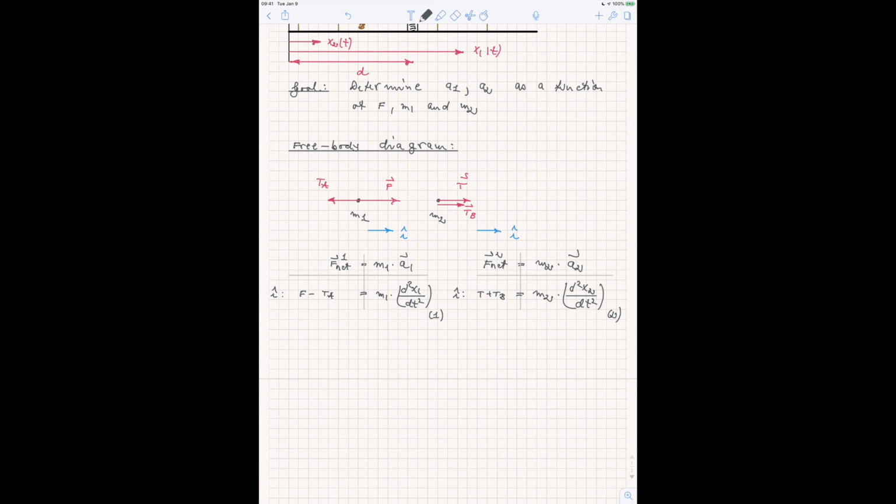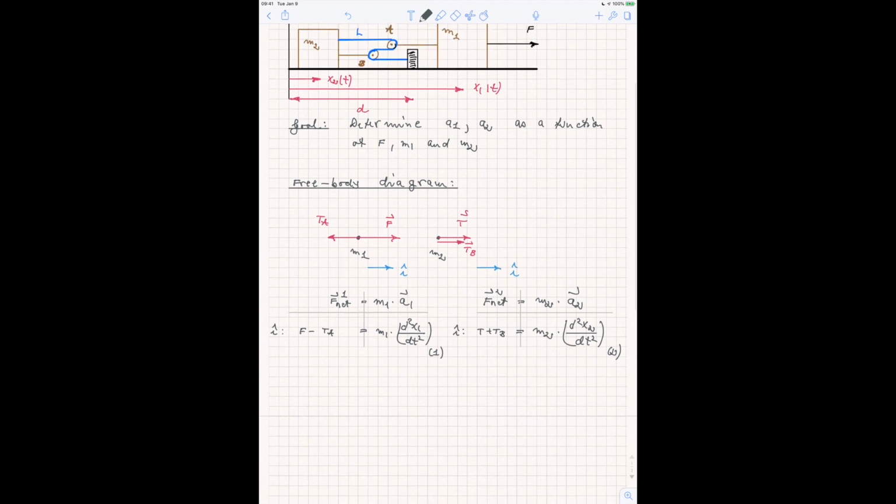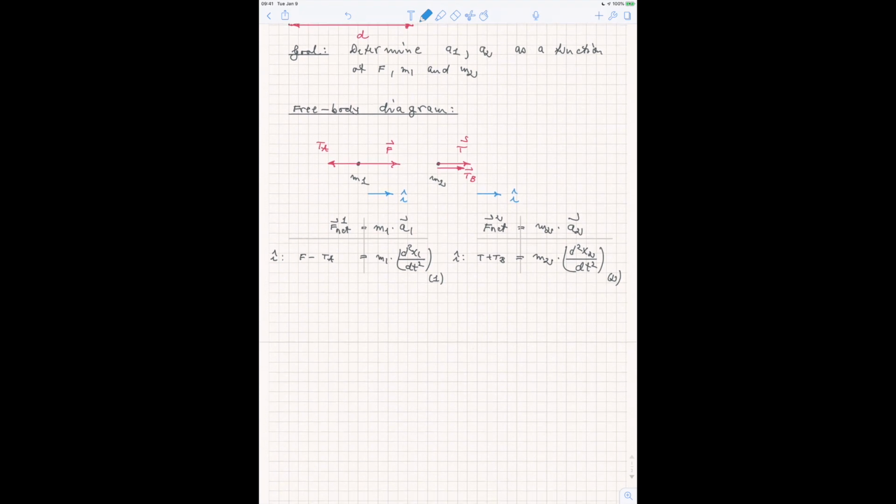So now let's pause here for a moment. There are a couple of unknowns here. We only know force F; we don't know TA, TB, and the tension T in the string. So we have to find some additional constraint on how they're potentially connected: TA, T, and TB.